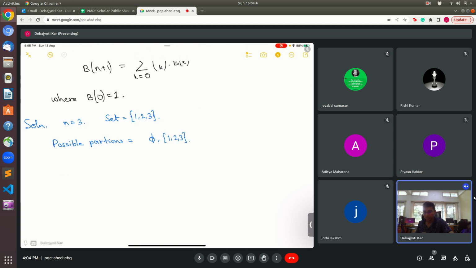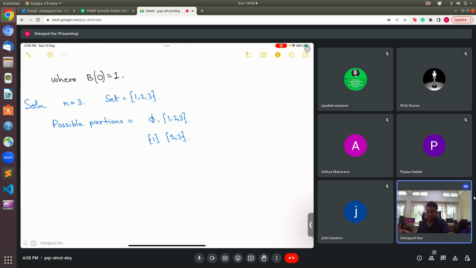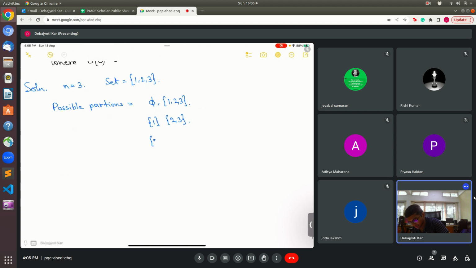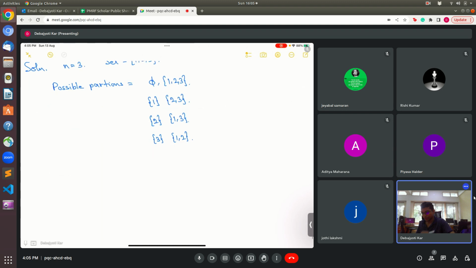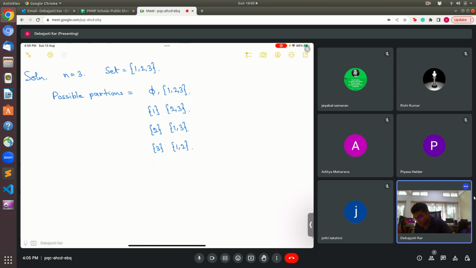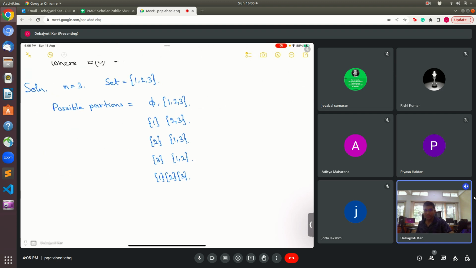So this is one possible partition. Then maybe 1 and 2 and 3 together. Then similarly what is left. So these are the possible partitions.